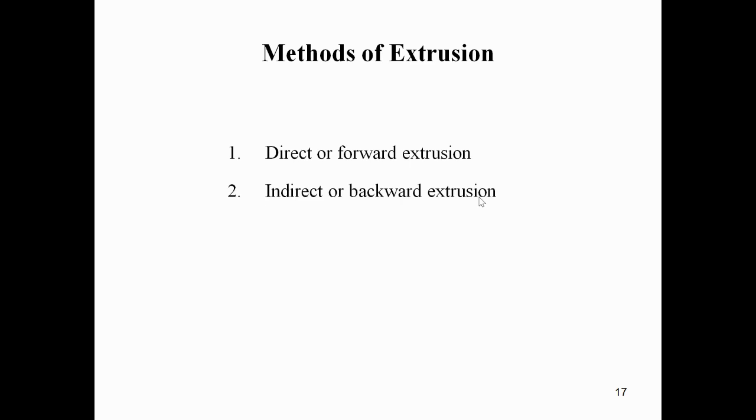Next, we can see the methods of extrusion. Various methods of extrusion are: first, direct or forward extrusion; second, indirect or backward extrusion; third, tube extrusion; and fourth, impact extrusion.